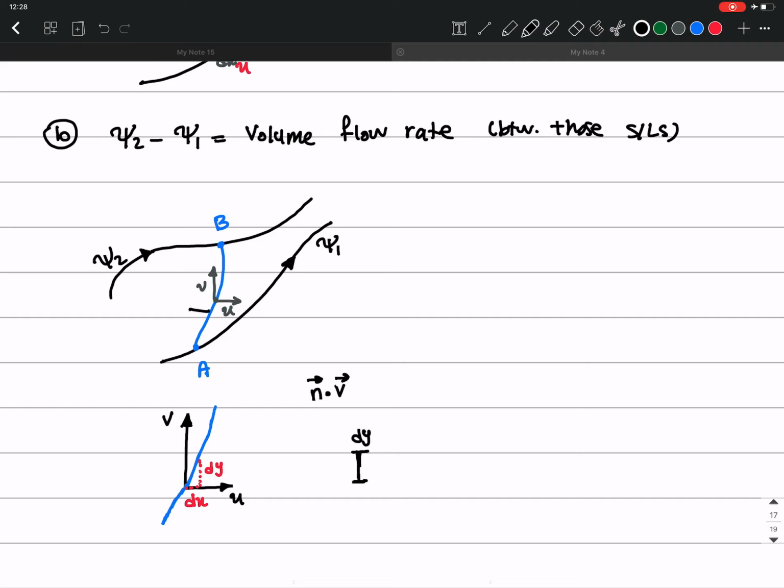So this is like N is going to be this direction, okay? Just so you know. So I want to simplify this. So I just want to look at each component separately. So for dy, the velocity component that is actually crossing this dy element is u, right? The u velocity is actually crossing this, because the v component is like this, so it's not actually crossing that element, okay?